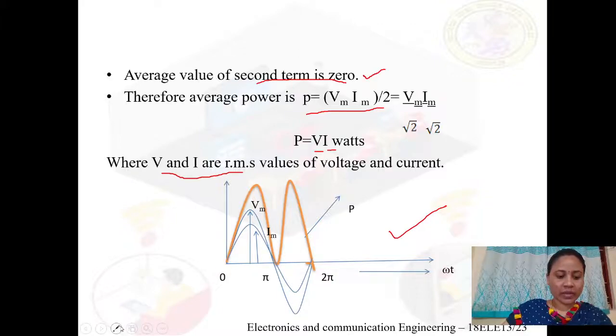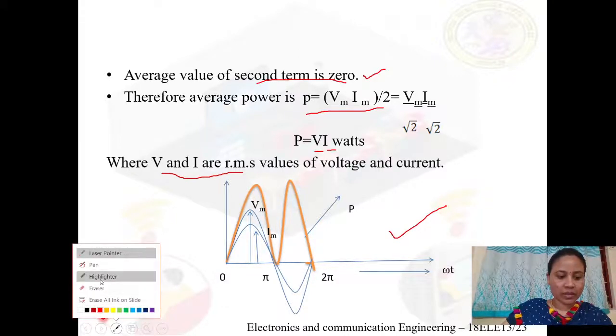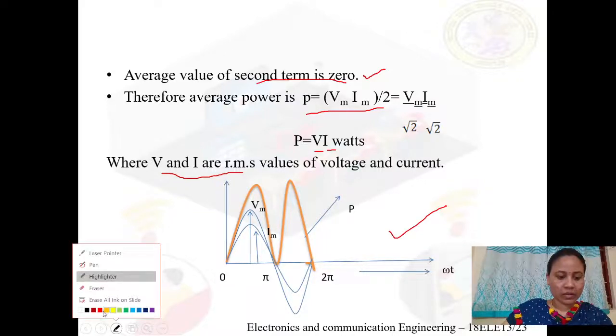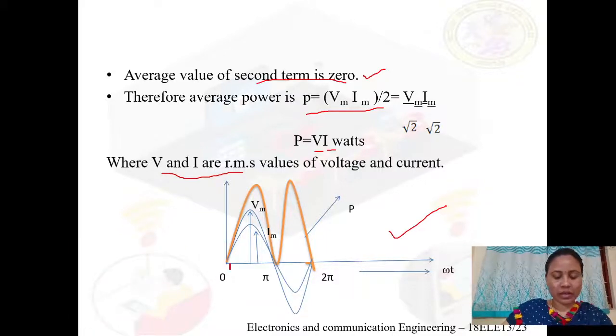So at, let me just take the voltage and current at this particular point as 0. Therefore 0 into 0 is 0. So here both are positive.